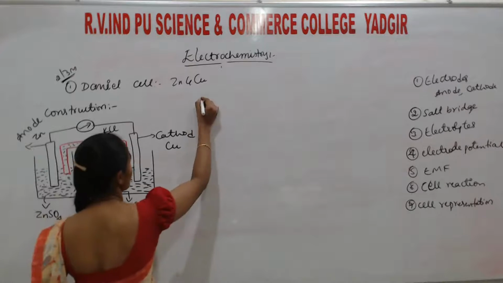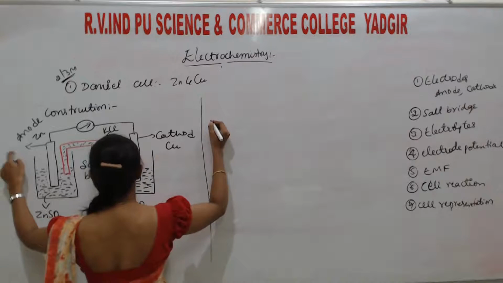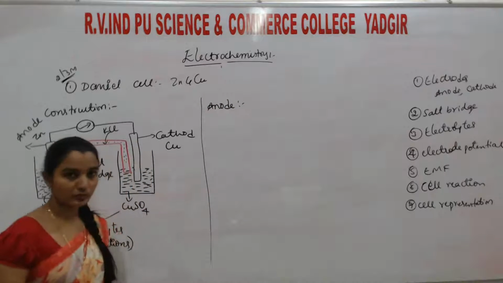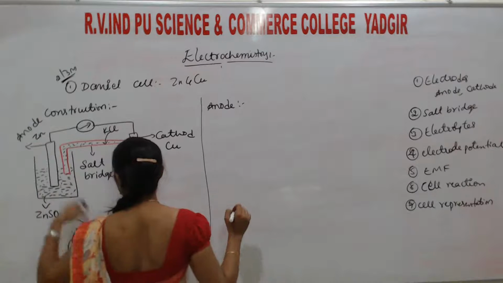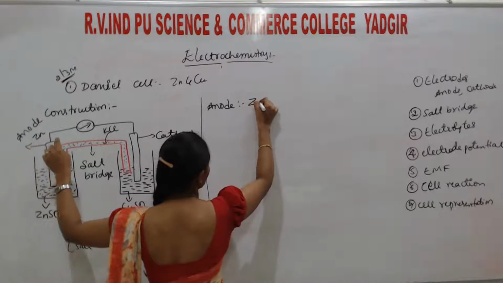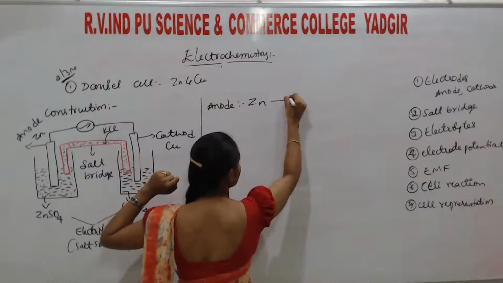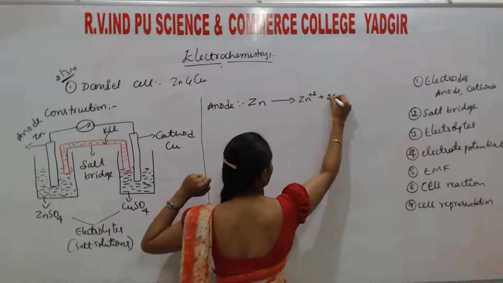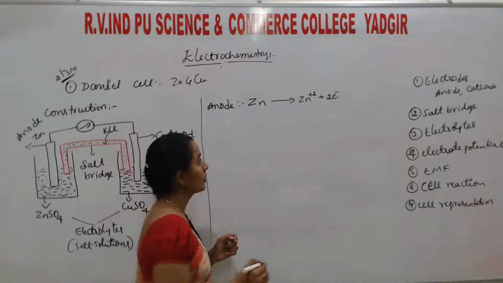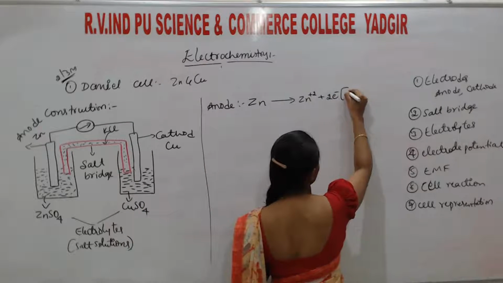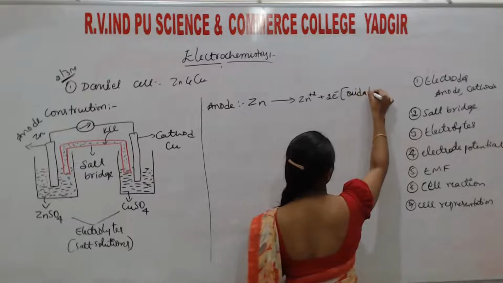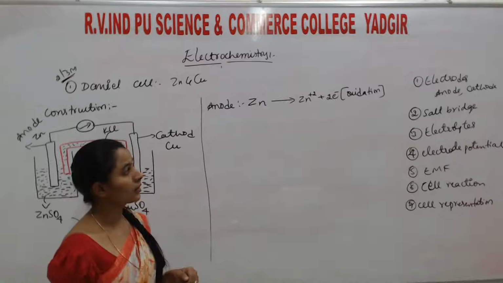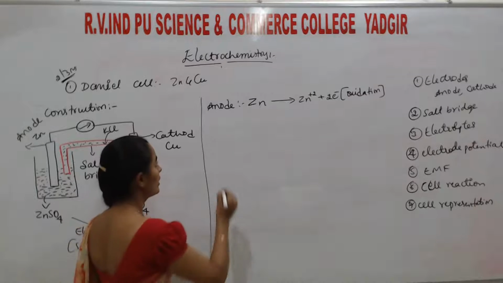Okay. So right here at the anode, this is the anode. Remember I explained what is anode. First I write. At the anode zinc is there. So zinc loses its electron and undergoes oxidation.